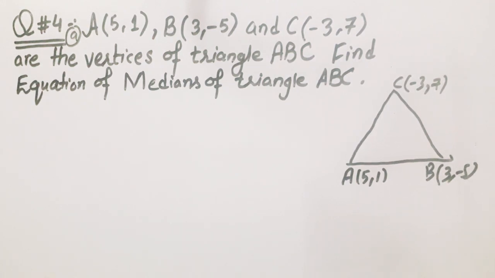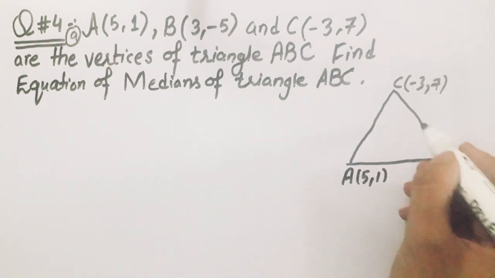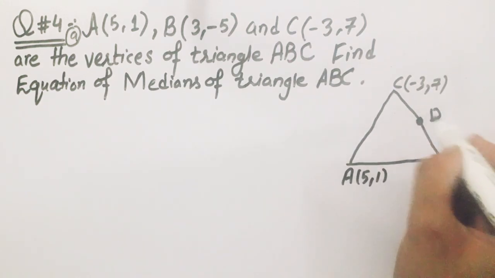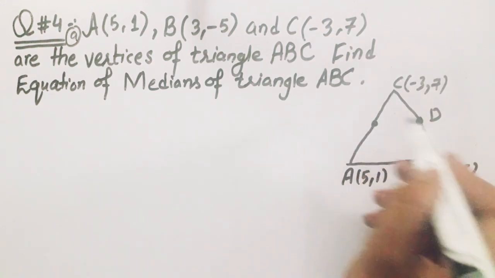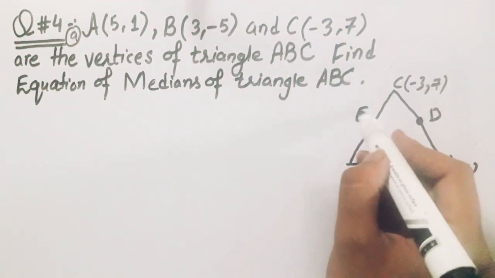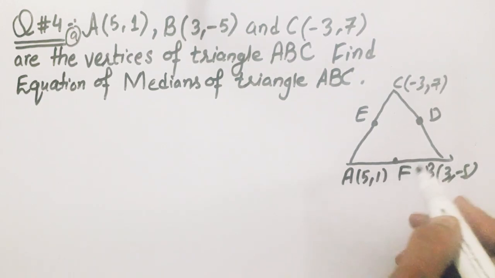For this purpose, let's suppose D is the midpoint of BC. This point is D, and the midpoint of AC is E and of AB is F. Now these are the midpoints.